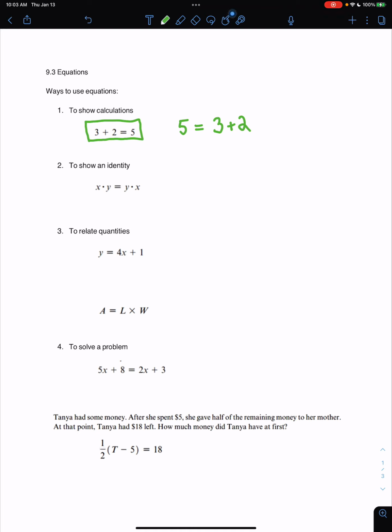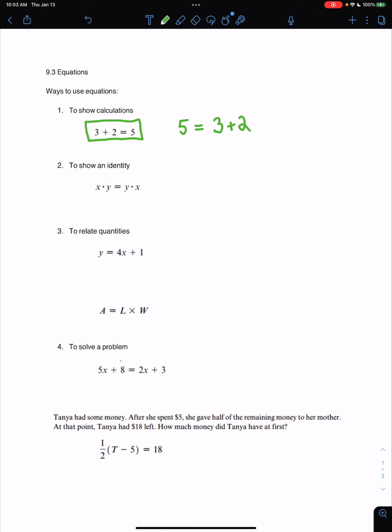So we can show calculations using equations. We can also show what's called an identity. And all an identity means is we're going to use variables instead of numbers. And we can put any number in for the variable, and the equation will still be true.